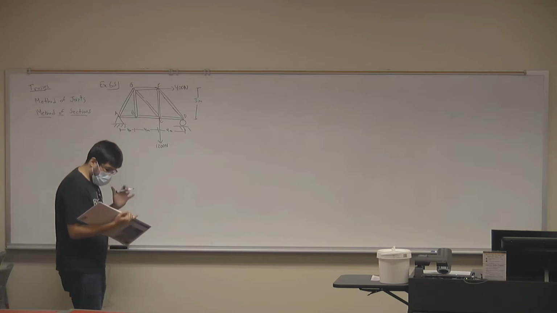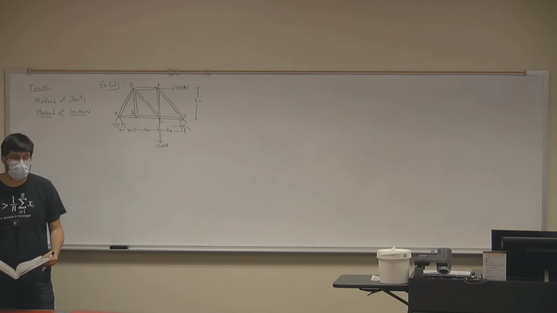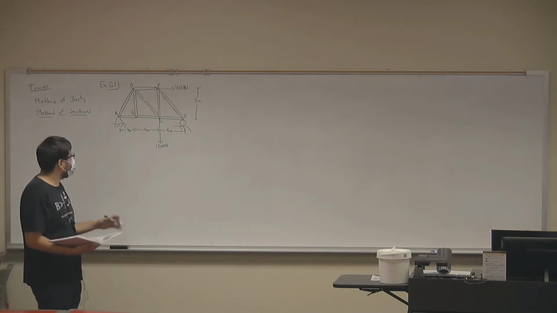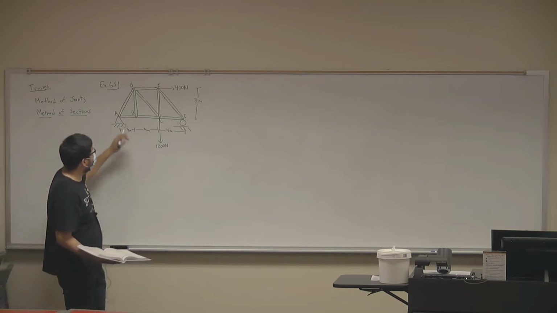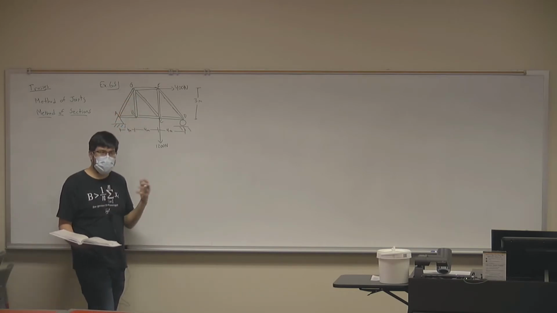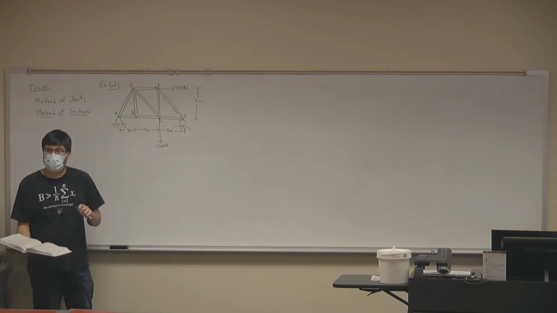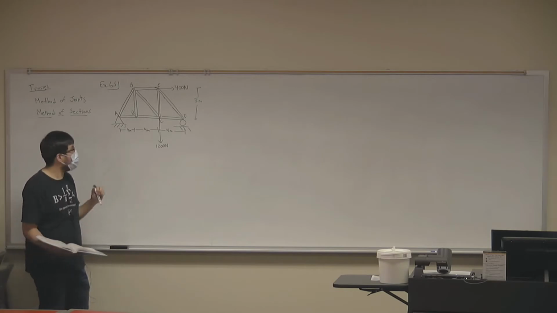Now, just by looking at this system, and based on what we learned last week, if I were to ask you to solve this system, in other words, to find every force in every truss, whether it's tension or compression, and the magnitude, could you solve it? Given this information? Yeah, we could, right?